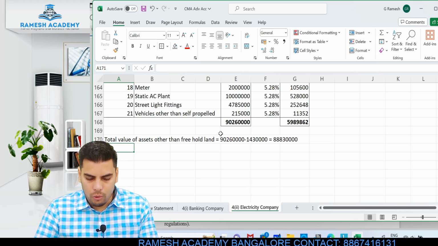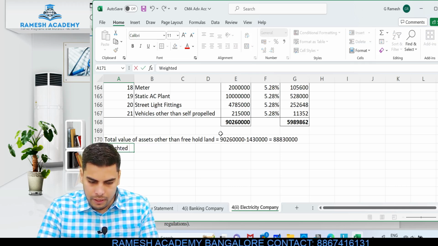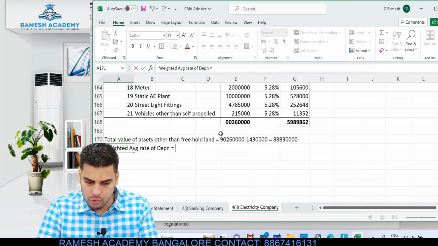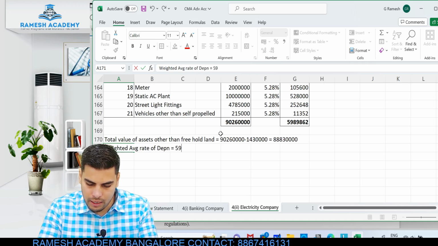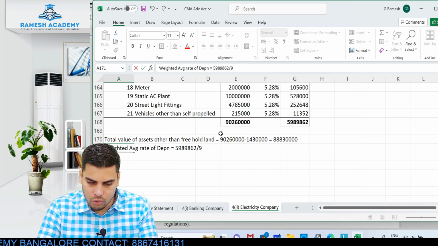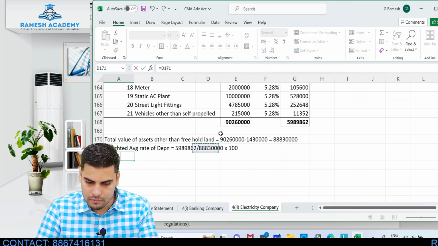Now, how do I calculate the weighted average rate? Weighted average rate of depreciation will be equal to the depreciation amount, which is 59,89,862, divided by the total assets other than freehold premises, that is 888 lakh 30,000, into 100. Just solve this.